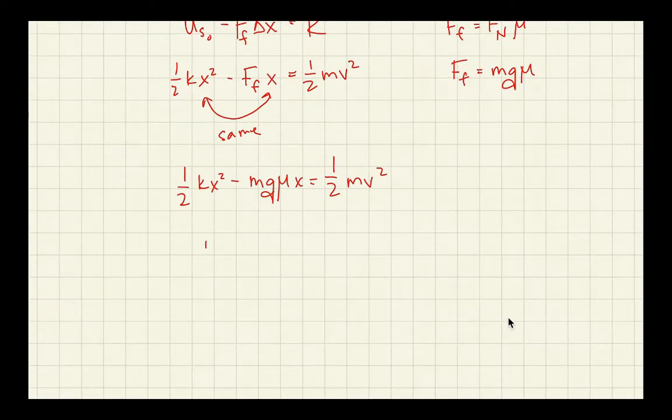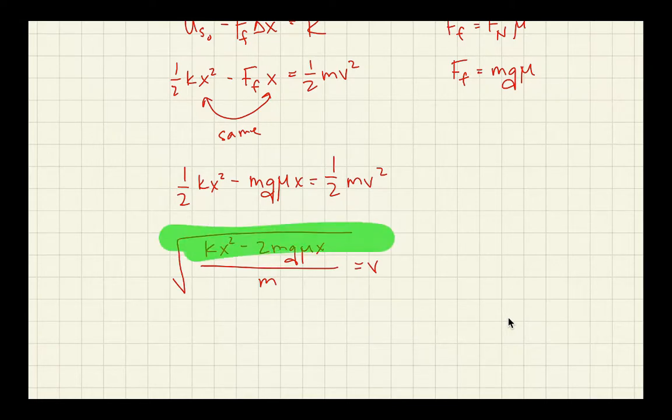That's kx squared minus 2 mg mu x over m. The square root of all that is equal to the velocity. Boom.